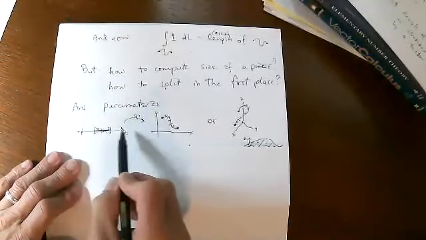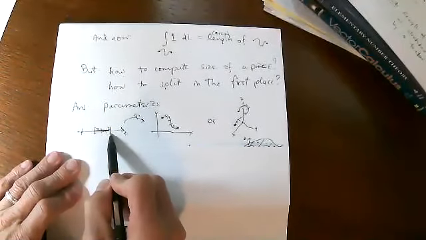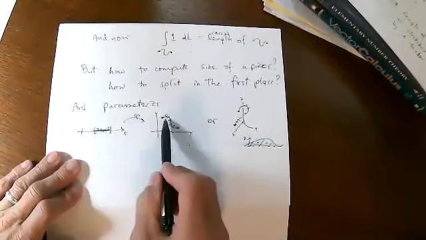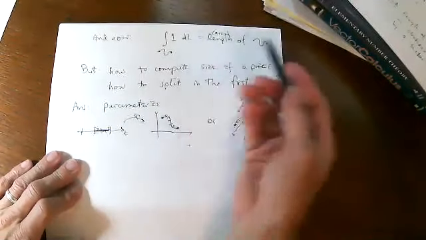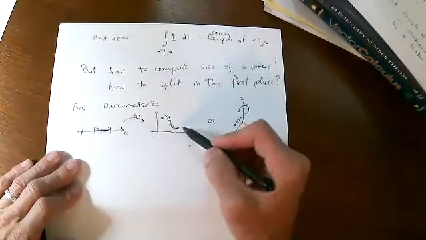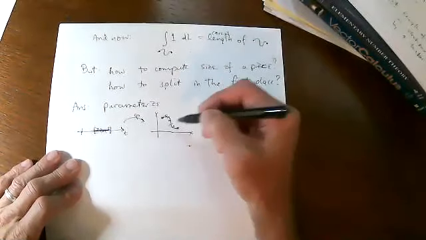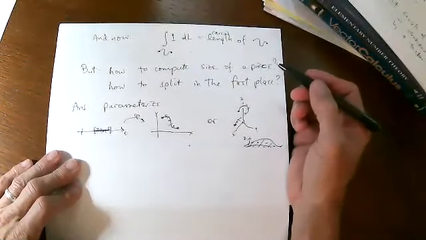Here I've broken my interval of time up into 3 smaller parts of time, and that gives me 3 smaller arcs. And when I go through the business of trying to integrate a function over this curve, I have to select a point inside each one of those little arcs.